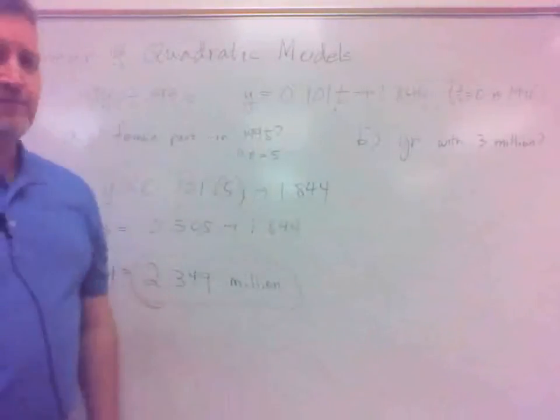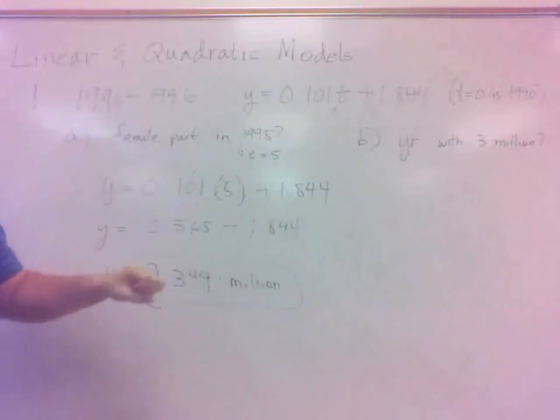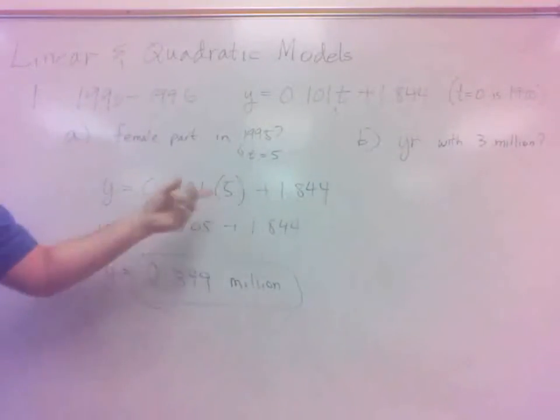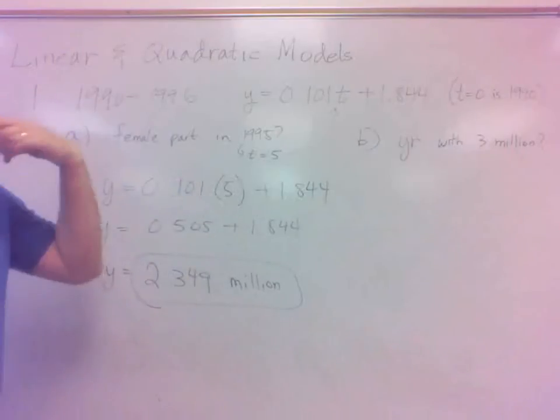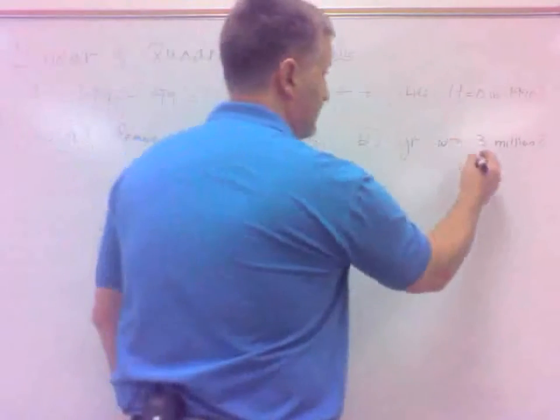Well, there's a couple ways I could do it. We could just keep plugging in years. T equals 5 gives me 2.349. I could do t equals 6. I could keep going that way. However, let's do a more direct route with the given information.